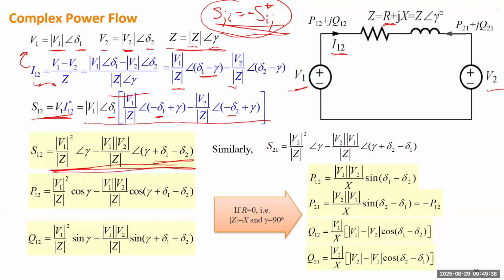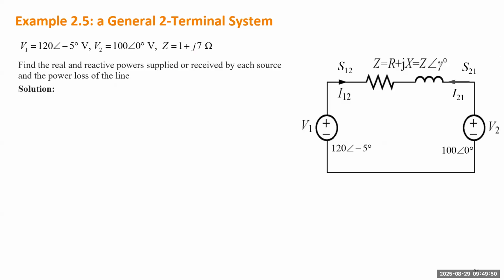Okay, so next, let's give the circuit some values so you can have a better idea of how the complex power can change along this transmission line. So we assume the first bus has voltage magnitude 120 and negative 5 degrees, very close to the angle of the second bus.